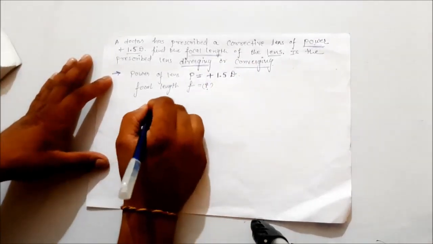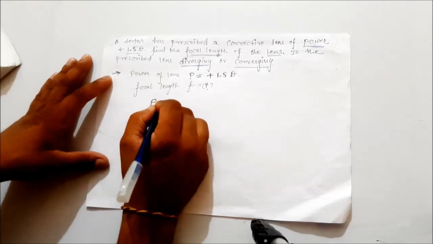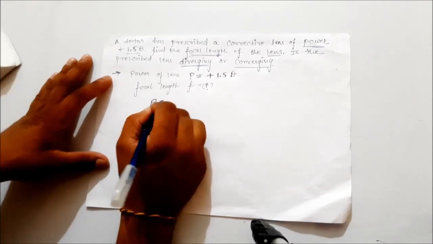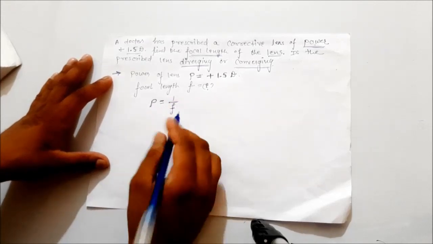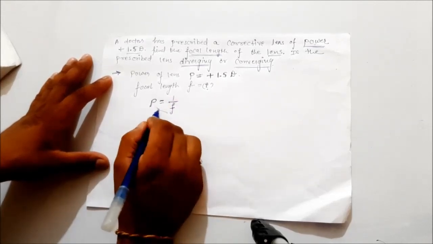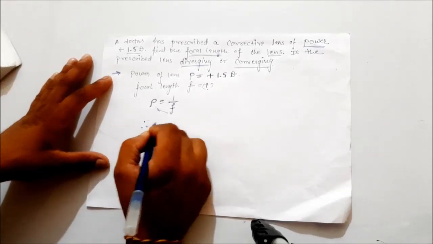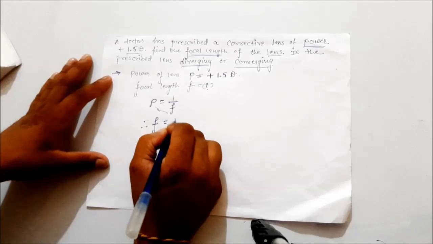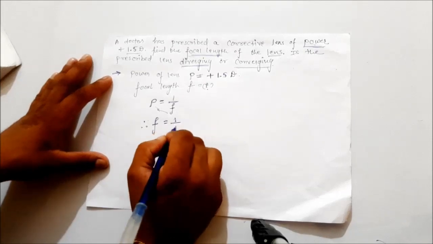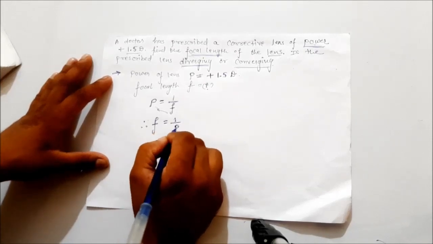It's very easy. We know the formula. Our formula will be P is equal to 1 upon F. So according to that formula, F is equal to 1 upon P.